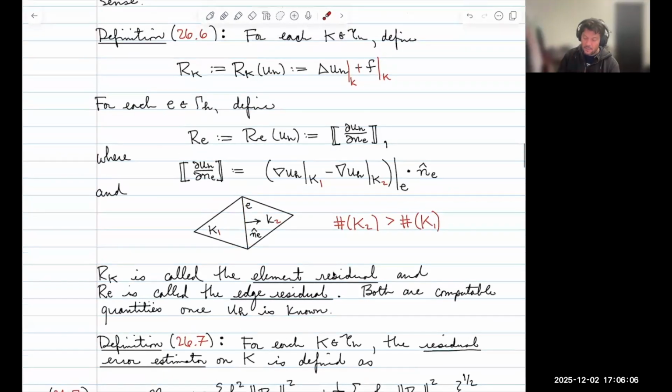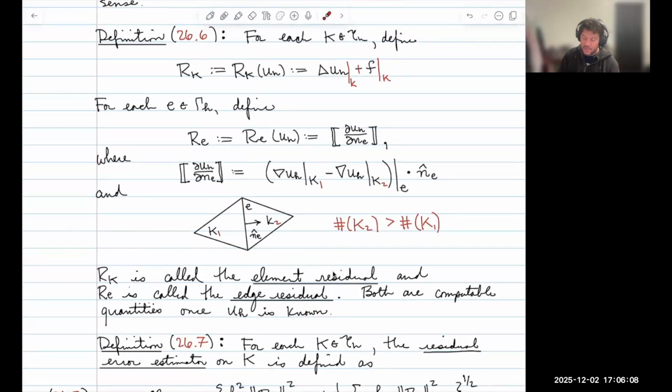Both of these are computable objects. If you tell me what your finite element solution is, I can compute this, and I can also compute this using this formula. Now, that doesn't necessarily say that they're easy to compute, but they are computable.